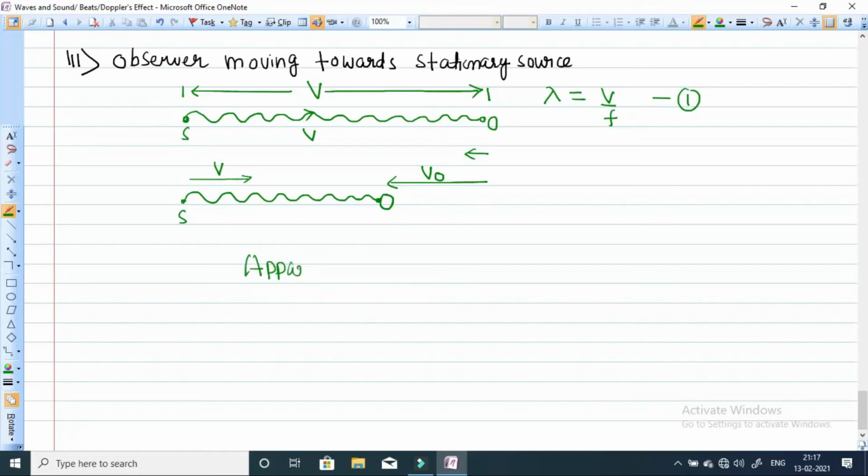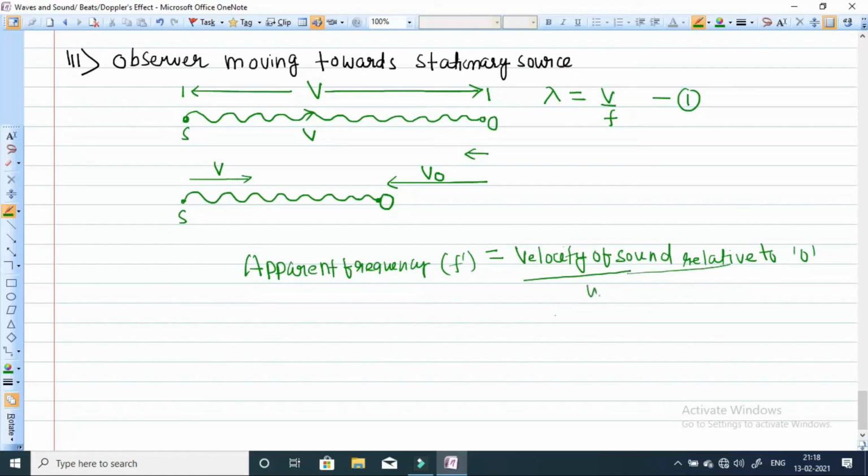Now here in this case, the apparent frequency f dash will be equal to velocity of sound relative to observer O divided by wavelength of wave reaching O. Okay, frequency is equal to basically speed divided by wavelength.